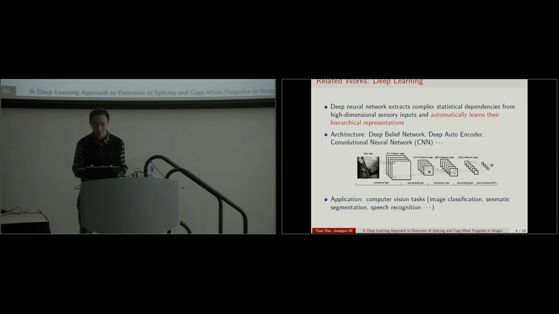There are multiple learnable filters in the convolutional layer that are convolved with the input feature map, then activated by some nonlinear function, and then subsampled by the pooling layer. This convolutional neural network has been successfully applied in many computer vision tasks.